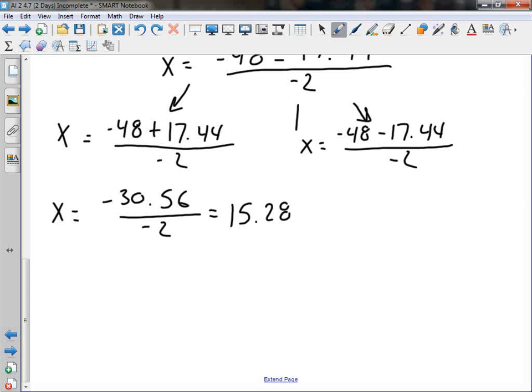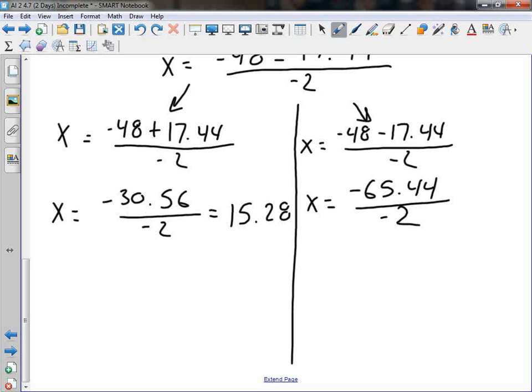Over on this side, I'm going to have x equals negative 48 minus 17.44, which is negative 65.44 all over negative 2. When I divide that by negative 2, I get 32.72.